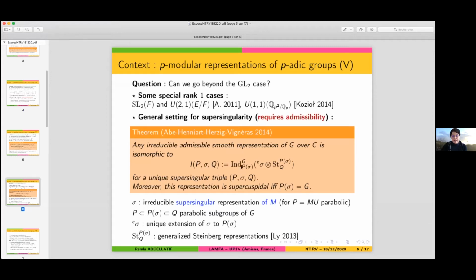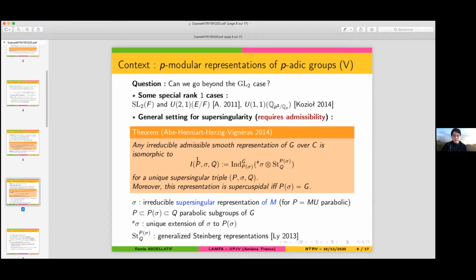And the main theorem is that basically, I can rephrase it like that. If you understand supersingular representations of Levi factors, then you understand everything. So it's kind of a Bernstein-Zelevinsky thing in some sense. If you have an irreducible admissible smooth representation of G, then you can always induce it from a certain parabolic, from a supersingular representation of the Levi factor, tensored by some generalized Steinberg representation, okay?